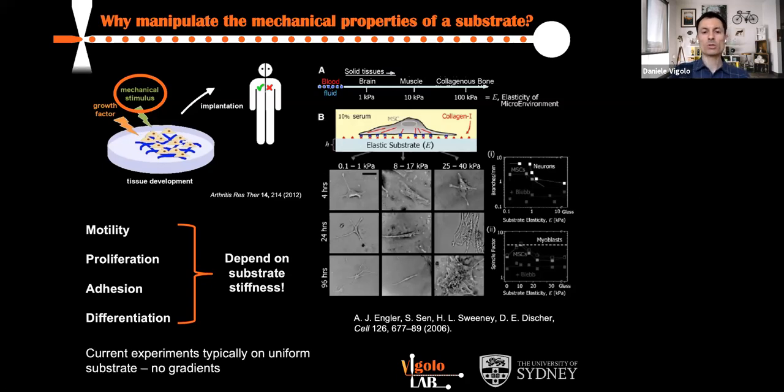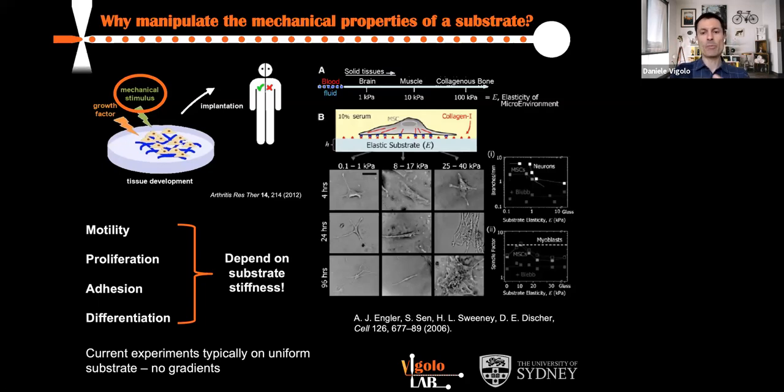Now, what is interesting and what really struck my attention is that most of this research used different stiffness substrates, but uniform stiffness on the substrate itself. Whereas a gradient material is much more rare, especially a gradient that is actually sensible at a single cell scale. So that's what we were very much intrigued by.